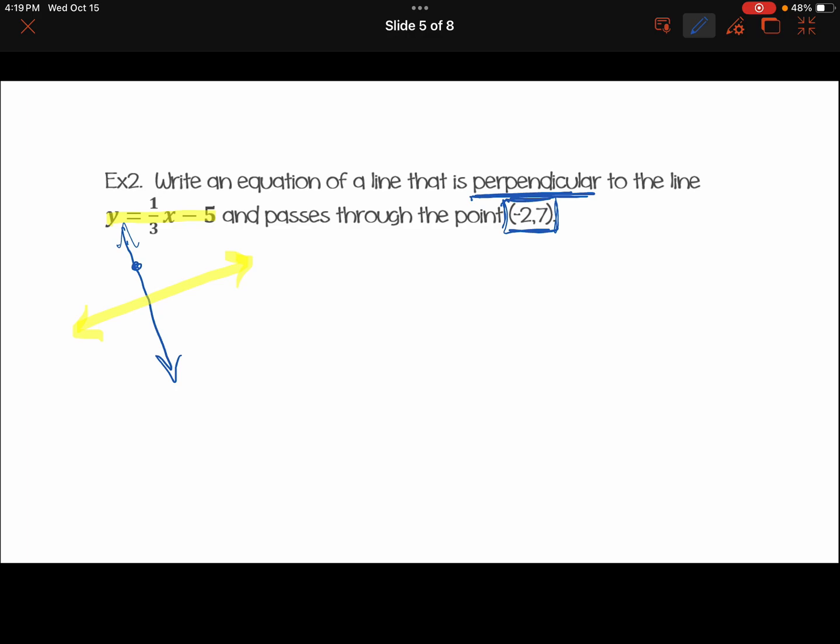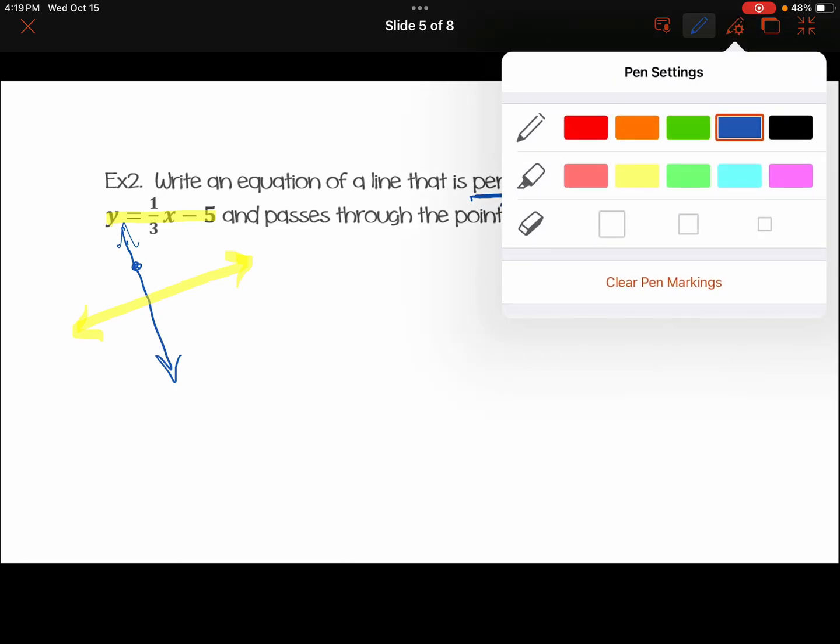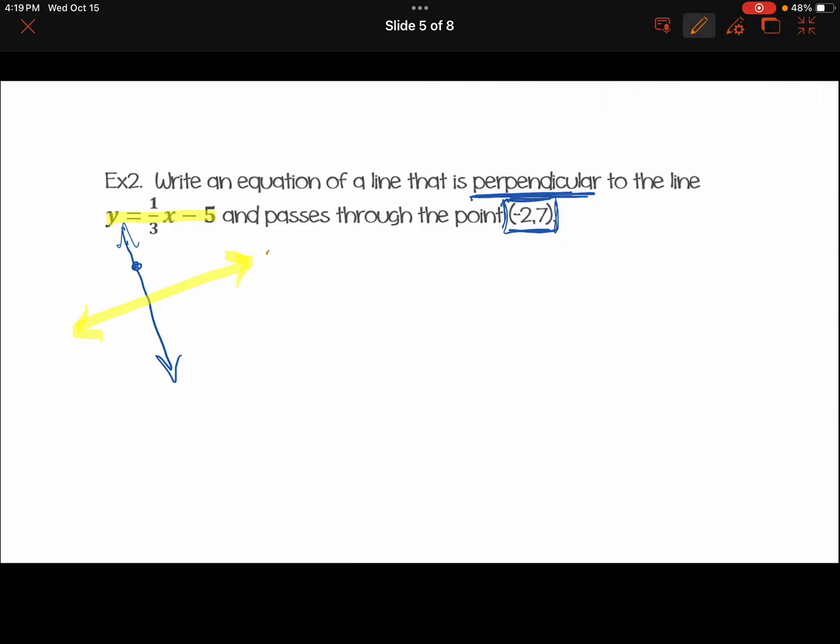Okay, so I'm trying to come up with that blue equation. Now, all I need from the yellow line is its slope, and the slope is 1/3. I know that a perpendicular slope, which my blue line is, is opposite reciprocal. So if it's positive, it's going to be a negative, and then we flip it. Well, that's the same as negative 3. And then I also know I have this random point, negative 2, 7.